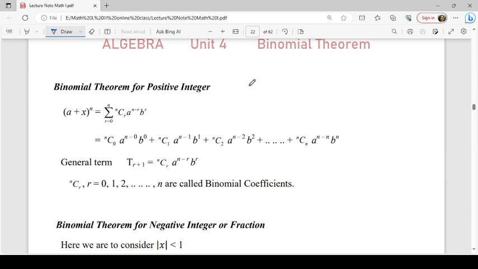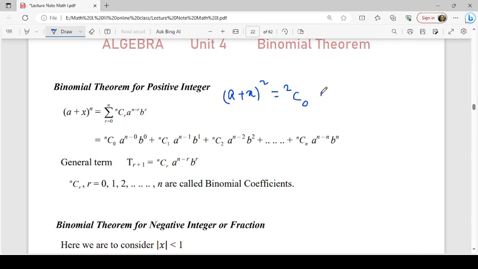So when n is 2, then it is a square, with 2C0. We have known about this combination.